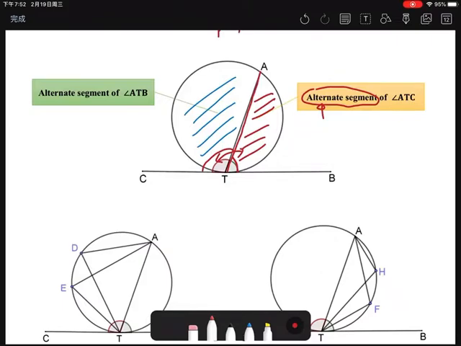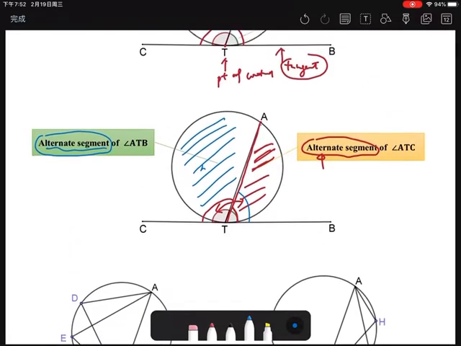Alternate, you know the meaning of alternate, it is not on the same side. So the red segment is called the alternate segment of angle ACT, and similarly, the blue segment is called the alternate segment of angle ATB, corresponding to an angle.